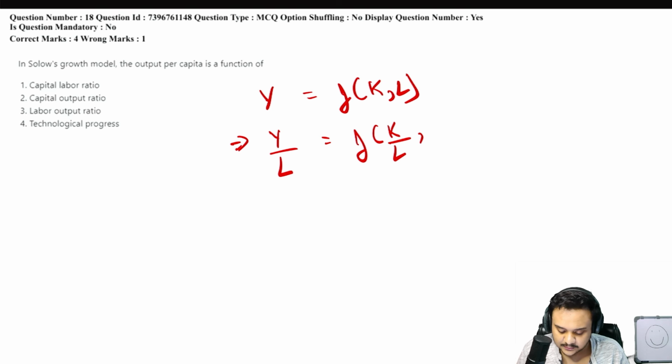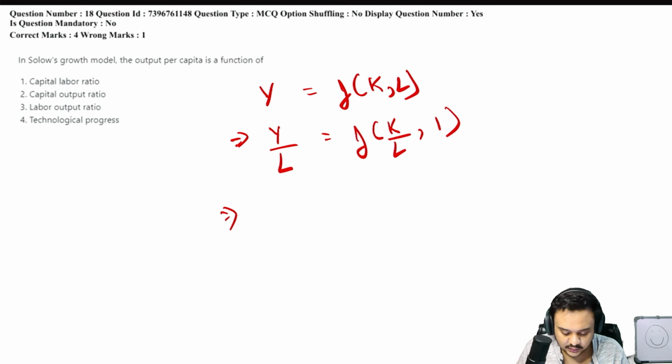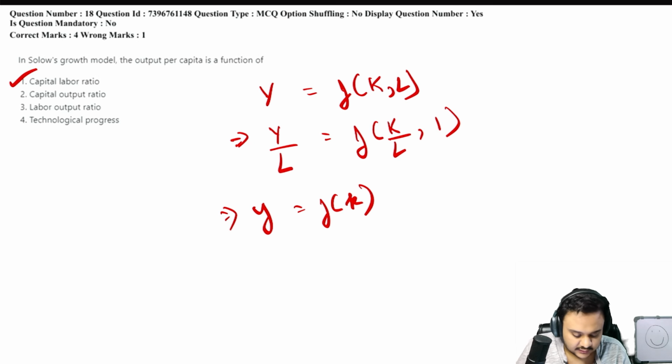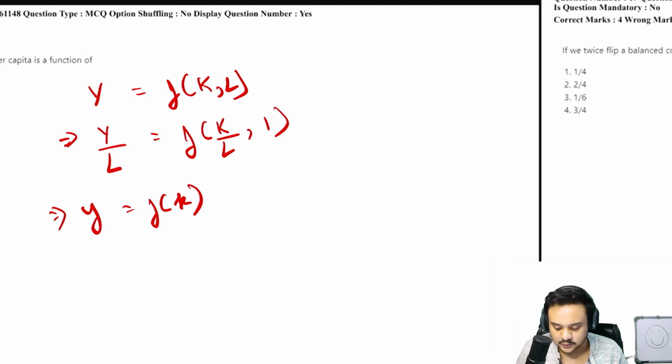So this becomes K by L, and this just becomes 1. Now you can write this as small y, which is just a function of small k, because the 1 is a constant value. And what is small k? Small k is the capital labor ratio, right? So that is why the first option is right here. So let us move on.